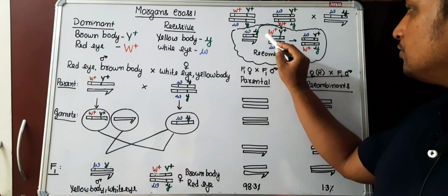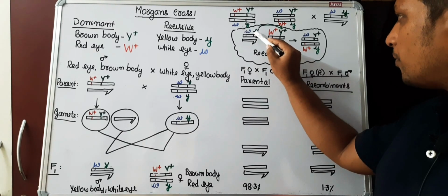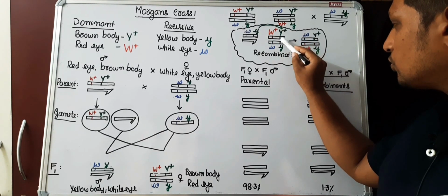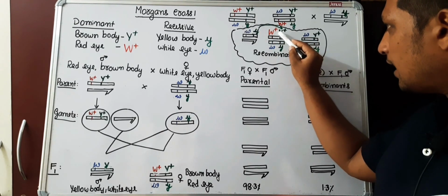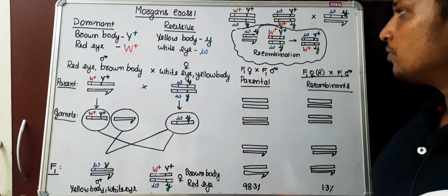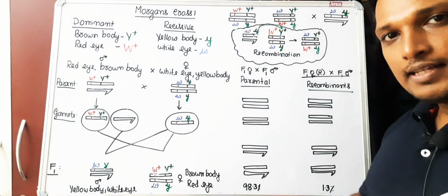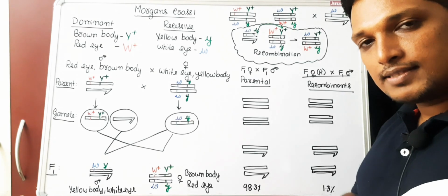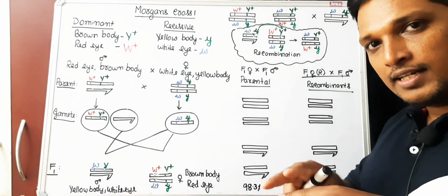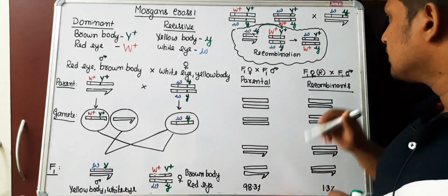So in between two X's, there is crossing over at one point. What happens is small y goes here, and capital Y plus comes to the X chromosome of the male. So there is shuffling of genes as seen in the recombination phase.